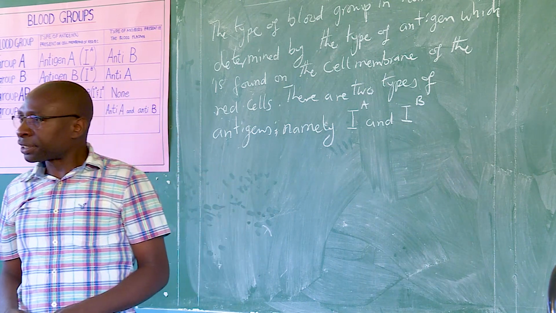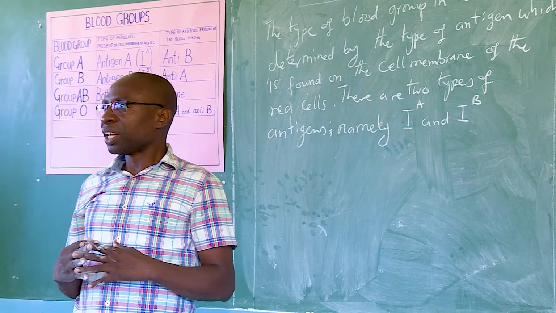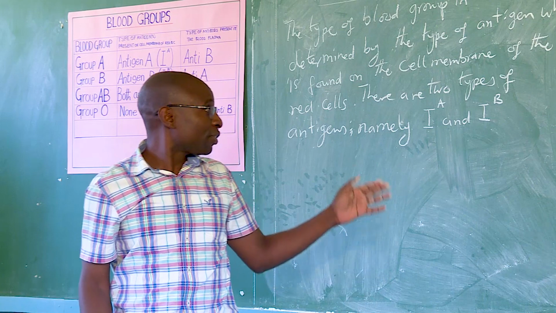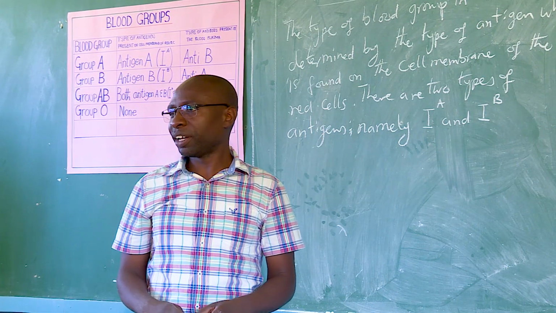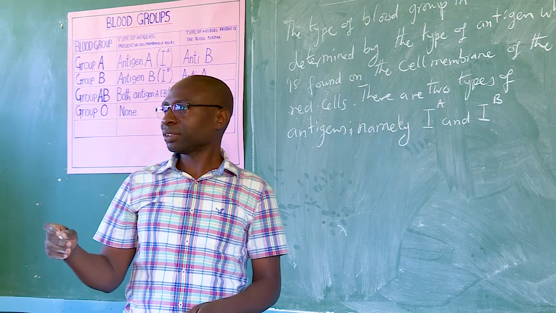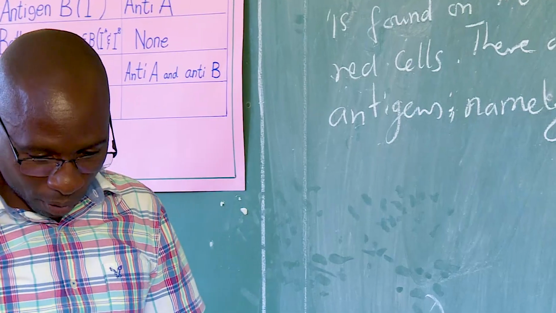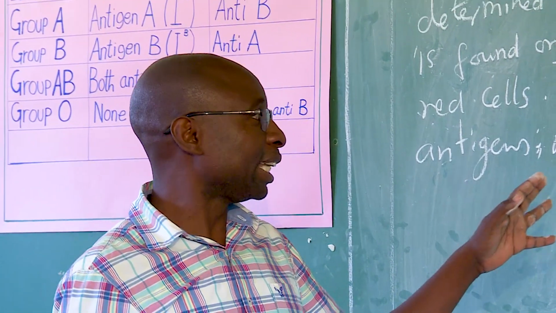Well, sometimes we have red blood cells which do not have any of these antigens. What antigen is going to be found there? Yes, Rachel? Antigen O. So antigen O is in the absence of the ones which I represented.